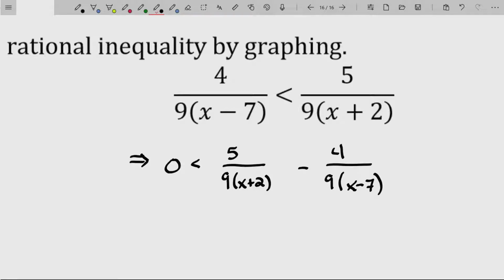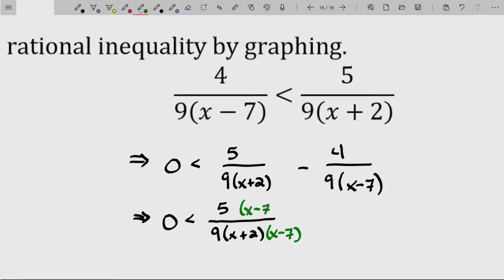And now we'll do good old arithmetic, right? Find the LCD and get these with like denominators and add them up. So I'm going to attach to the first fraction, both numerator and denominator, the x minus 7. So here we go, x minus 7 down there, x minus 7 up top.